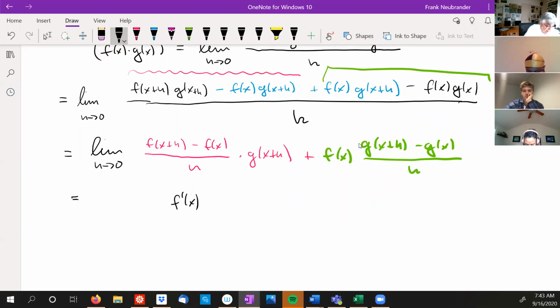And if h goes to 0, the second term becomes g of x. And in the green term, if h goes to 0, you have f of x. In the second term is g prime of x.